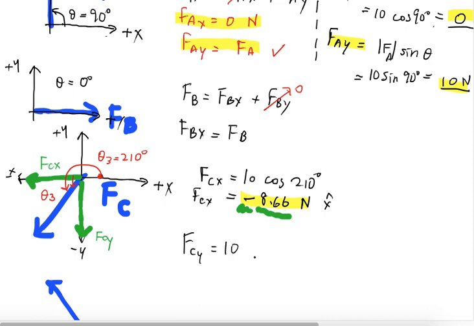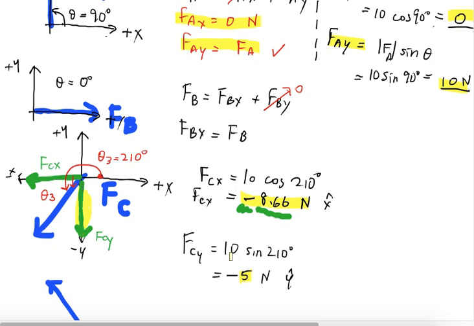Let's try to calculate and find out whether that is correct or not. So sine 210 gives you, yes, negative 0.5 times it with 10, you're going to get negative 5. Yeah, in this case also, you get a negative value, meaning this length of FC here, what is the length? The length is 5. What does the negative mean? It means that the vector is pointing downward.